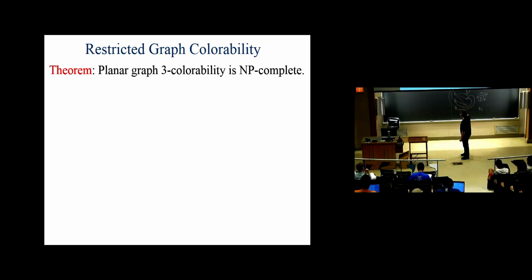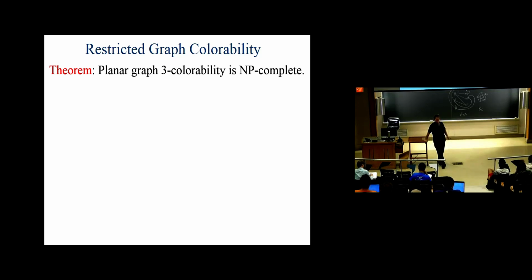So those are the 2 culprits, K5 and K3,3. And there's a famous theorem by Kuratowski saying a graph is planar if and only if it doesn't contain as subgraphs a K5 or K3,3. Okay. That's a complete characterization. That's not easy to prove, by the way.